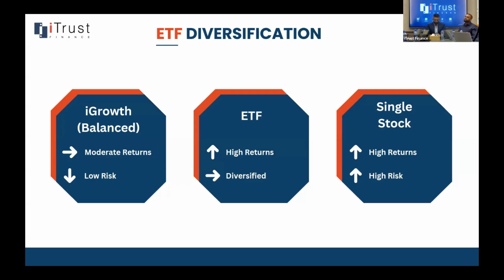Imagine if you had all your exposure in something like CRDB or NMB, a single stock. That can be highly volatile, which means if that one stock that you're holding falls in price, it means that you've also lost your value. So essentially, an ETF is a beautiful low-risk product that happens to take advantage of the high returns and not have as much risk as a single stock.